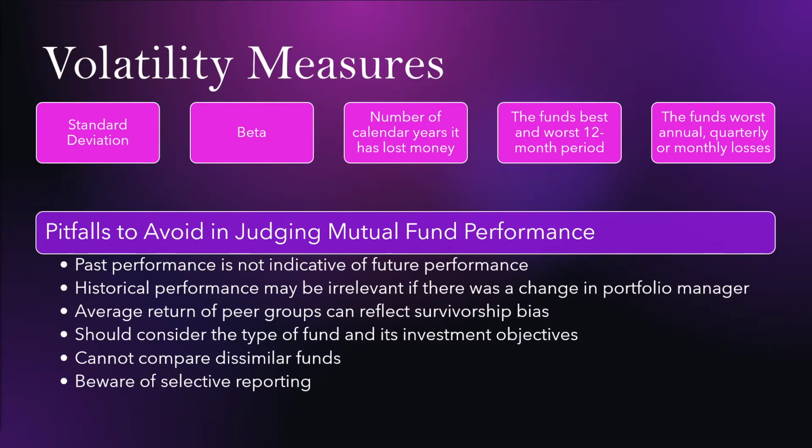And another volatility measure is pretty easy. It's just the number of calendar years it has lost money. So that might be a good way for clients to see how volatile this mutual fund is. And showing them those calendar years that it has lost money can allow them to visualize it in their own mind and see how comfortable they would be with something like that.